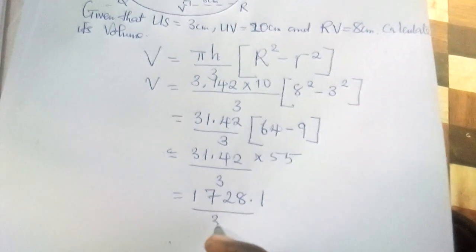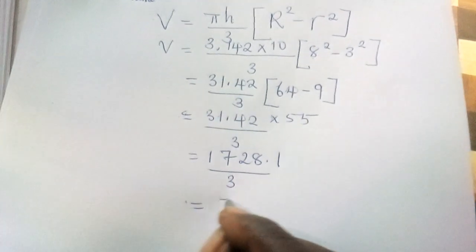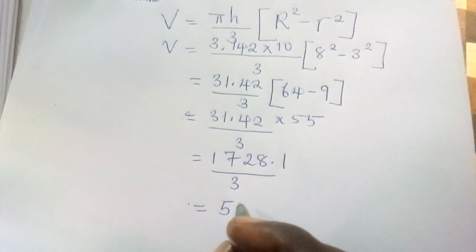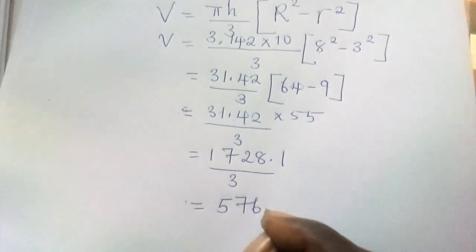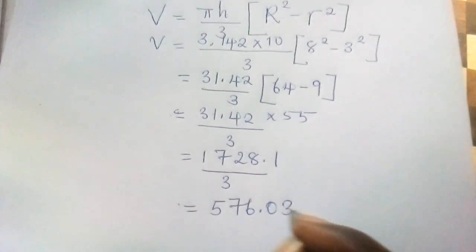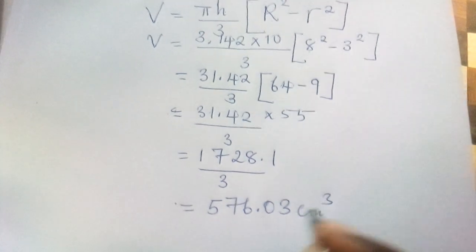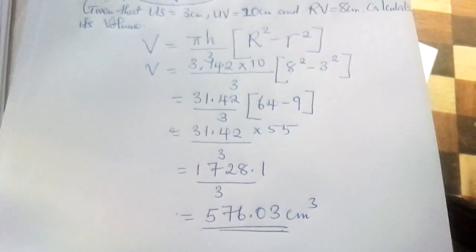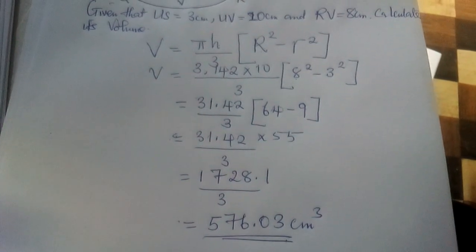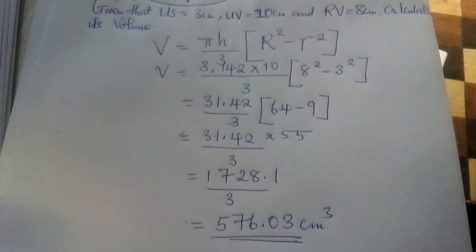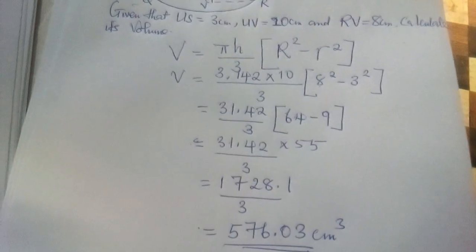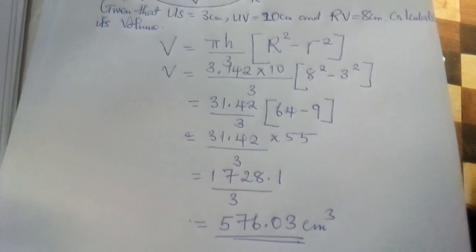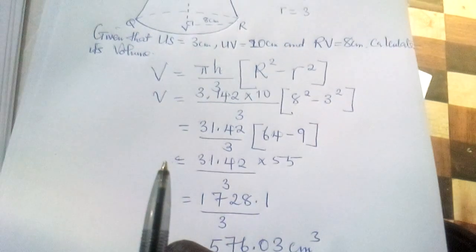Then you divide this by 3, and the answer you get is 576.03 centimeters cubed. Just like that. You see, the working started from there, and you're supposed to follow it bit by bit until you get the 6 marks, because this question carries 6 marks in your exam.